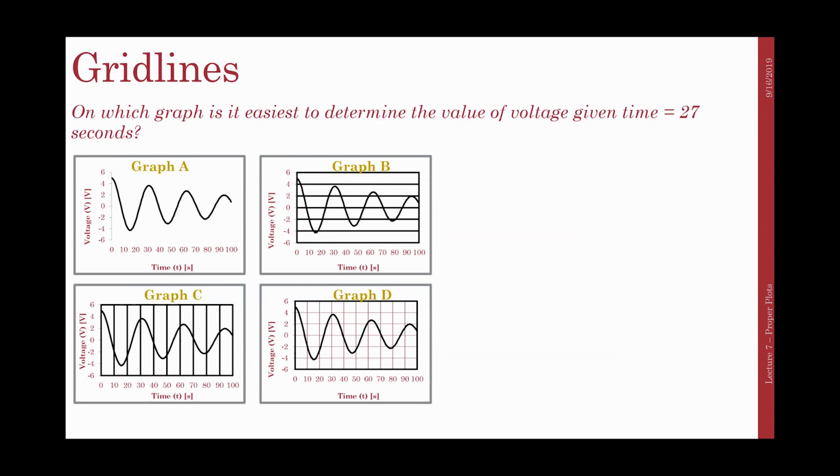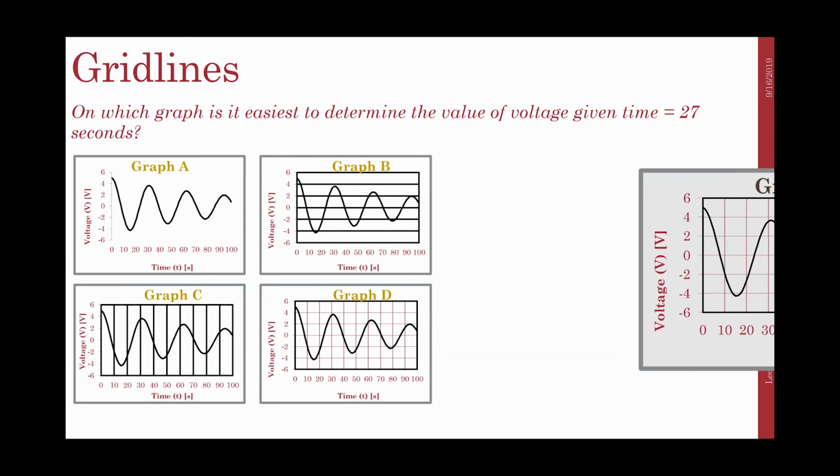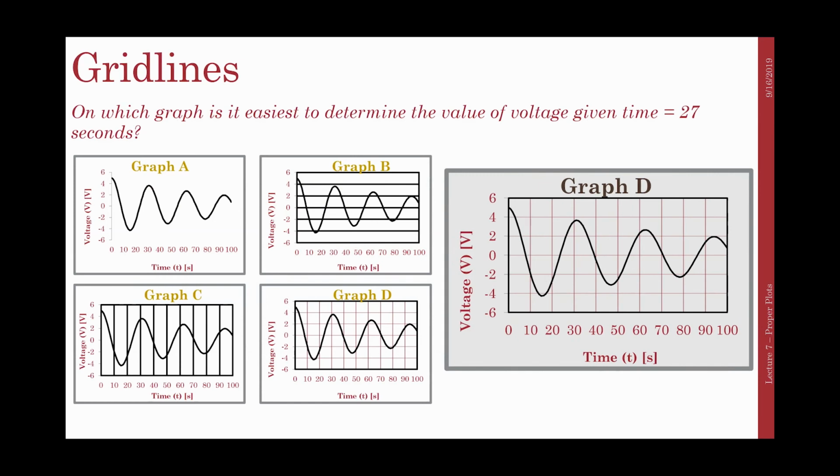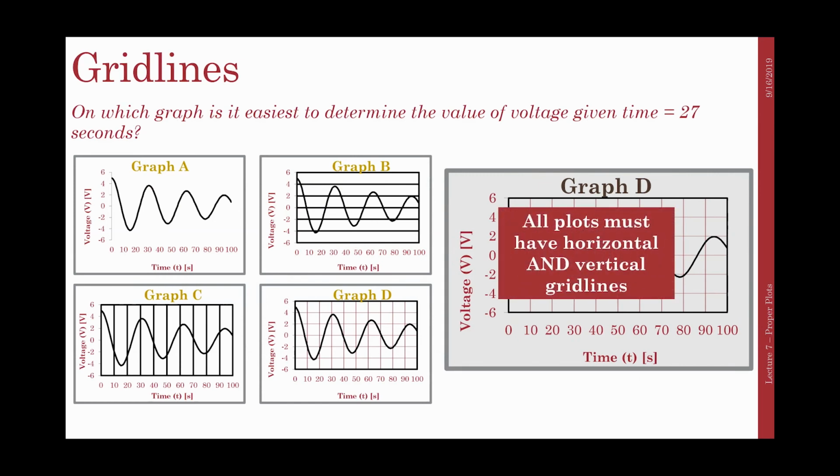With graph C, although you can figure out where 27 might be, you're going to have a hard time figuring out what the voltage is. On graph D, since you have vertical and horizontal grid lines, it makes it very easy to find points. This is because you can use the distance between points to make a scale. So all plots should have horizontal and vertical grid lines.